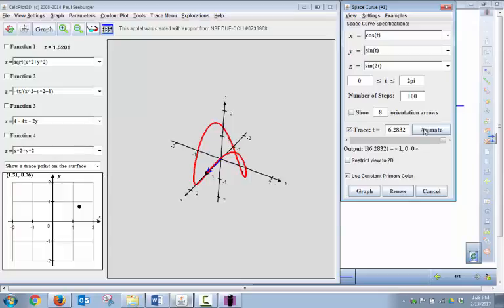We'll see later on that this has some relationship with the shape of a saddle that we talked about. Hyperbolic paraboloid. Yeah, hyperbolic paraboloid. So let's put that 4 back in there, and then that'll be our picture for our notes.